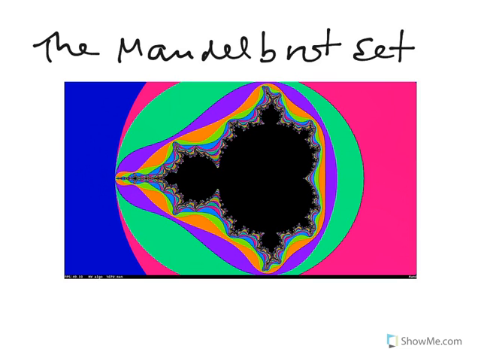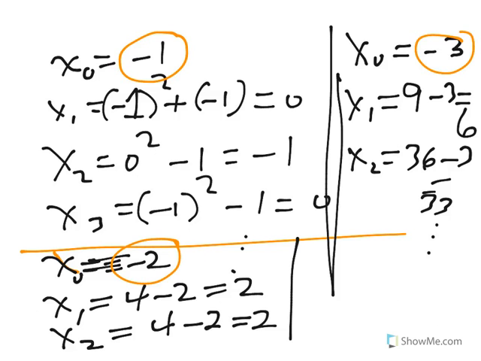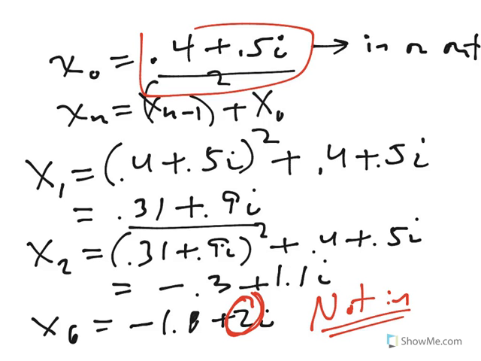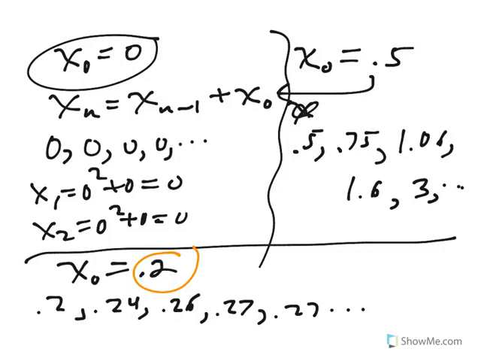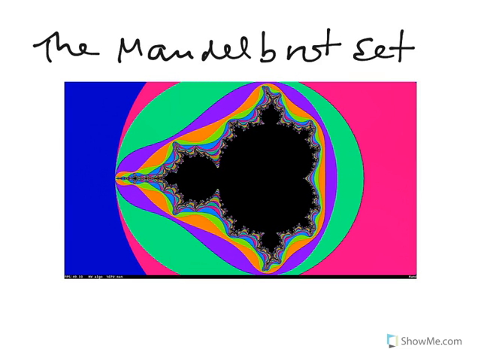Okay, another thing. What's with all the colors? Well, instead of just making anyone who's not in the Mandelbrot set white, the color is a coding for how many times it took to use this formula to get kicked out of the Mandelbrot set. In this case, it took 6 iterations before the number got big, so I would use color number 6.